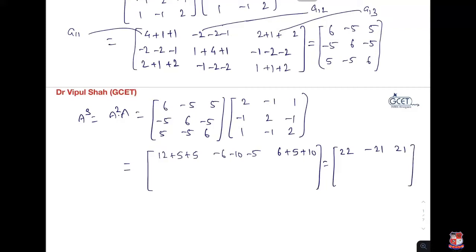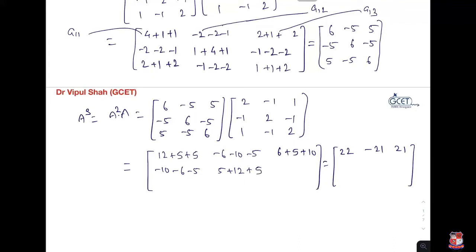Now second row, first column, so that is minus 10, then minus 6, minus 5. Second row, second column, so 5 plus 12 plus 5.